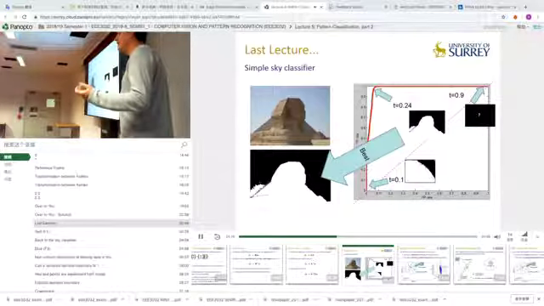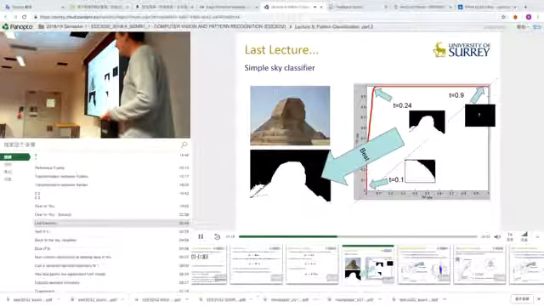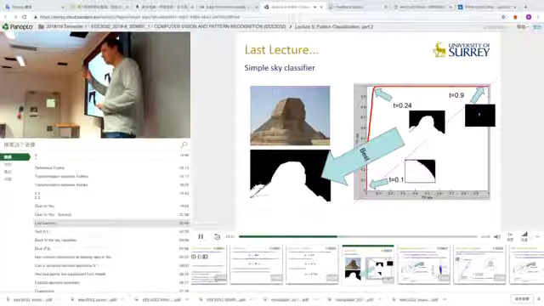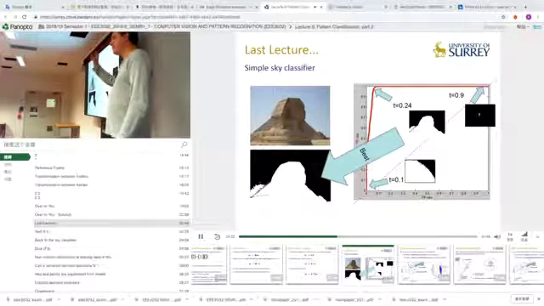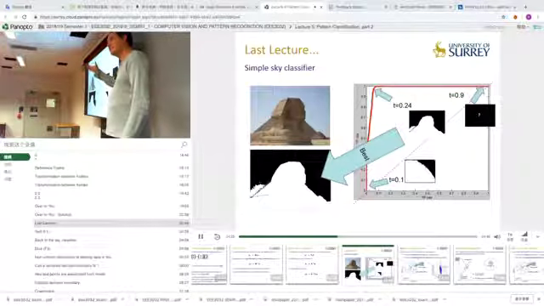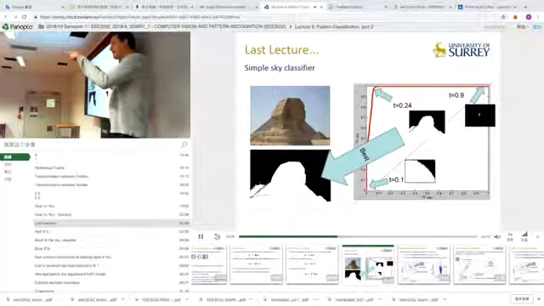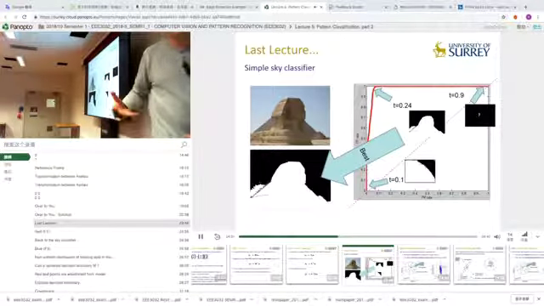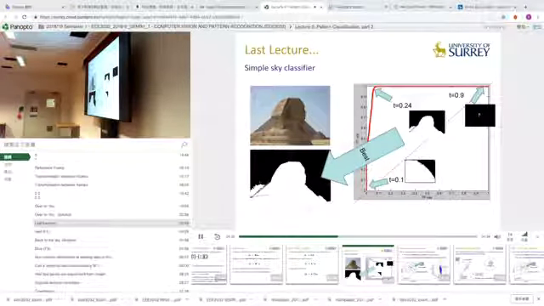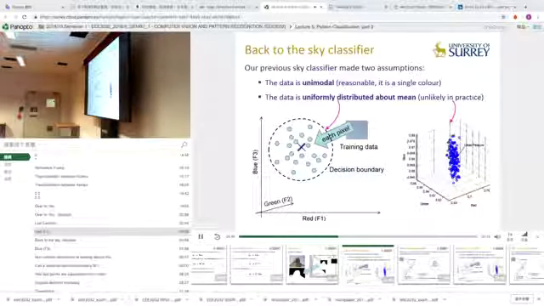We considered that pixel to be a point in a 3-dimensional feature space. Having trained up a model, which was basically the mean average of a bunch of training sky pixels in that feature space, we were measuring the distance between every pixel and that model, and thresholding that distance to make a classification decision.